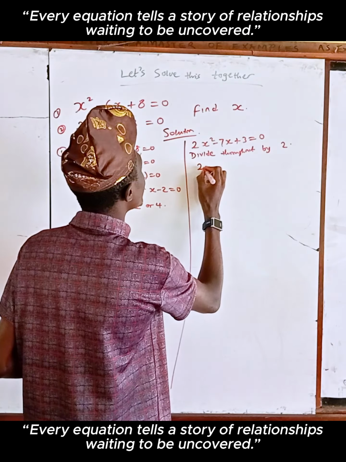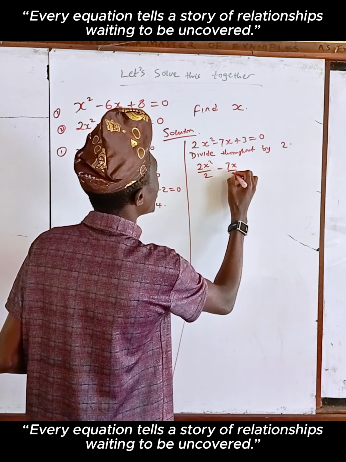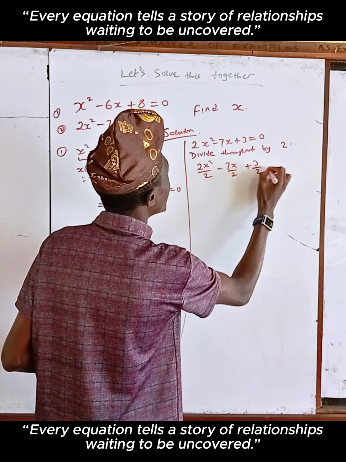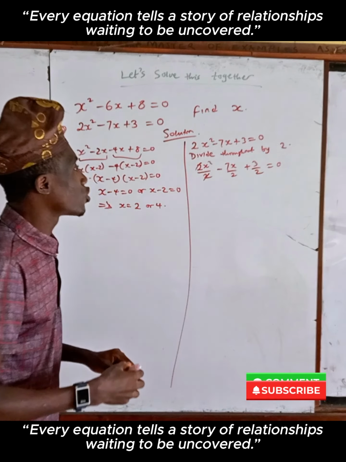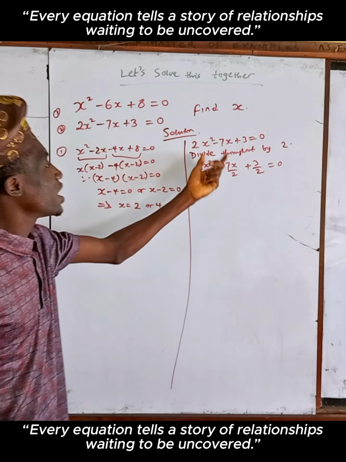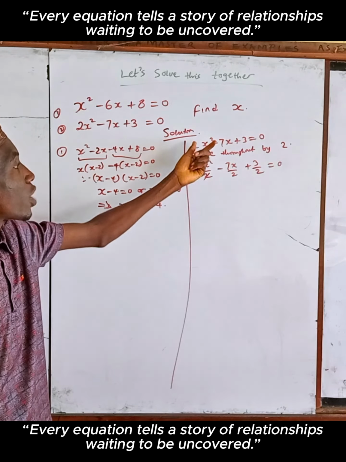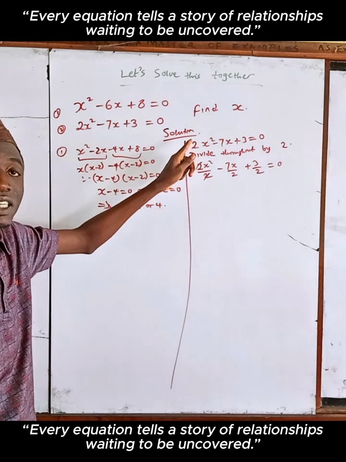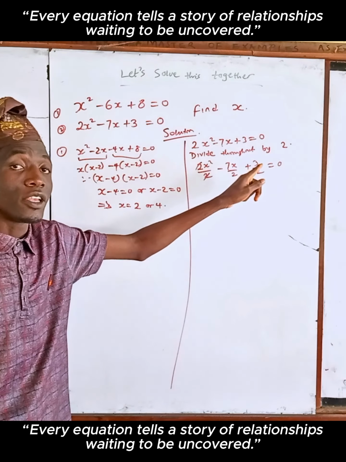So we have 2x squared divided by 2 minus 7x divided by 2 plus 3 divided by 2 is equal to 0. This will cancel this. The purpose of dividing by 2 is we must first make the coefficient of x squared to be 1. And for us to make it 1, we have to divide by the coefficient that is inside that particular question. If it is 4 that is here, we are going to divide throughout by 4.